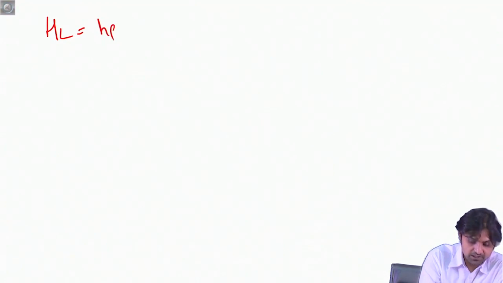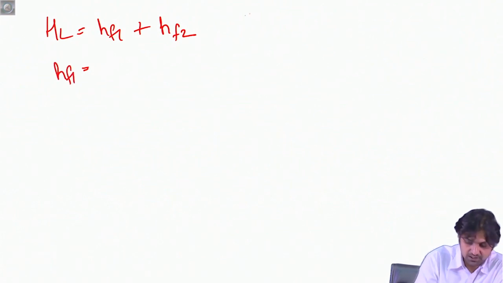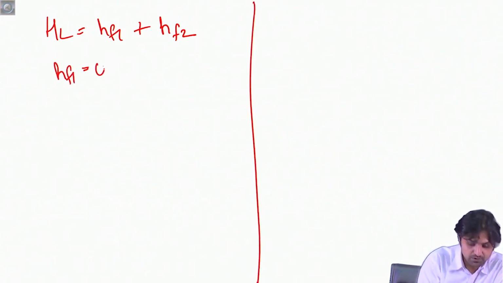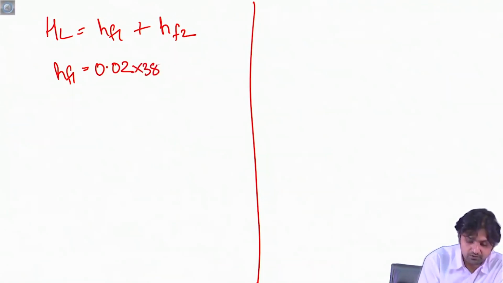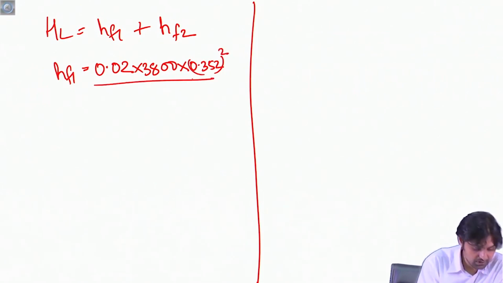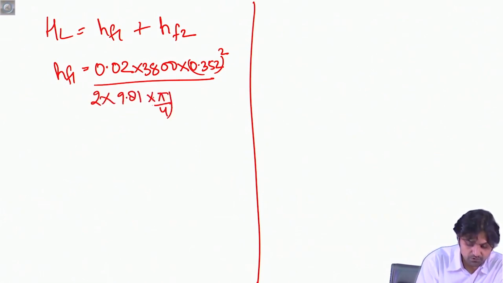Total HL will be HF1 plus HF2, and what is HF1? It's the major loss, right? And that is going to be 0.02, that is already given, into the length 3800 into 0.352 whole square, because that is the velocity, divided by 2 into 9.81 into (pi by 4) whole square into 0.6 to the power 5, and this comes on calculation as 10 meter.